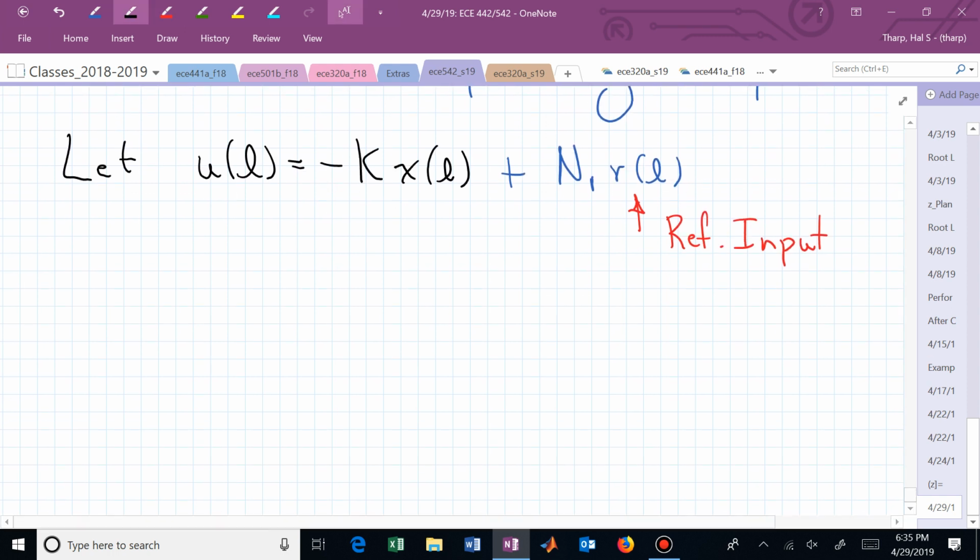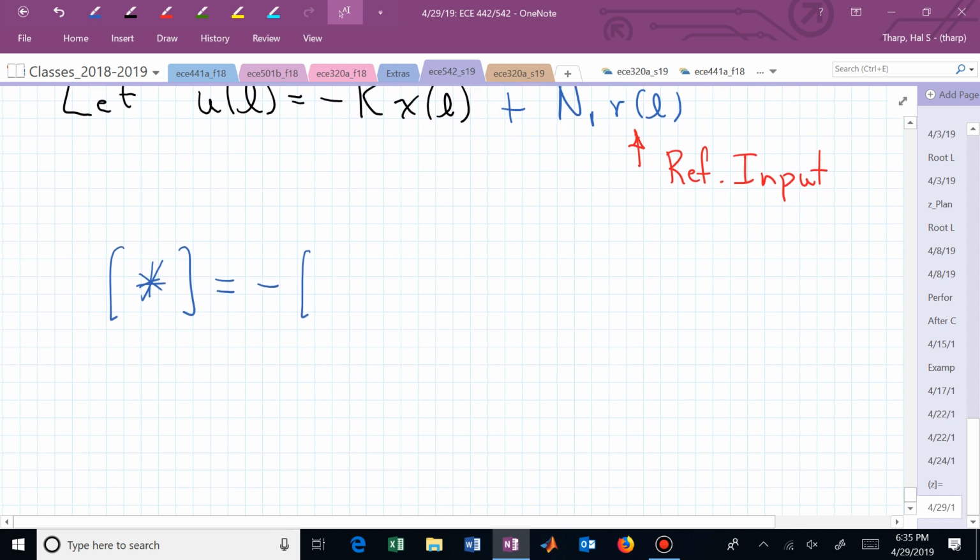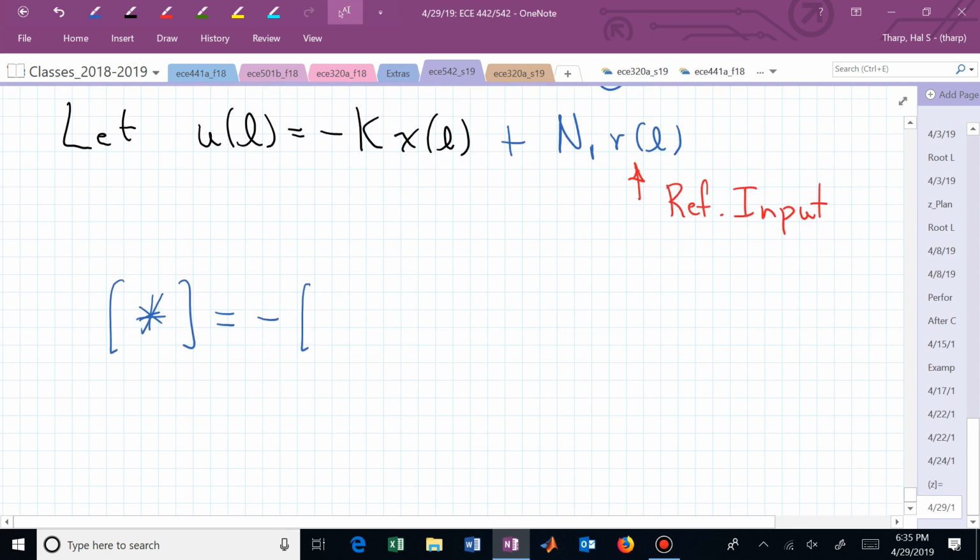And if you wanted to figure out what N1 looks like, suppose we had a single input. Then u of k is a scalar. How big is K? Well, that's going to depend on how big x is.